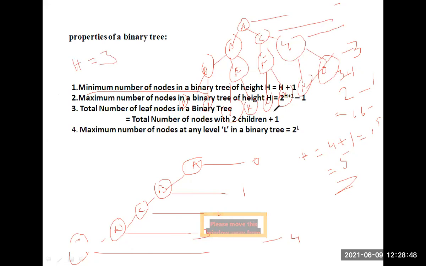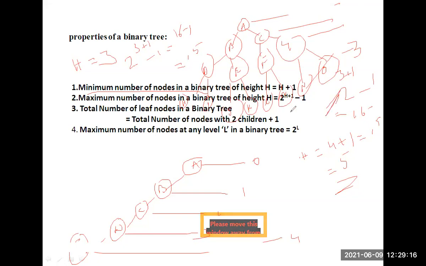Okay. What is the formula? 2 power h plus 1 minus 1. 2 power 3 plus 1 minus 1 equals 16 minus 1, that is equal to 15. So in this tree, how many nodes are there? Including the root node: 1, 2, 3, 4, 5, 6, 7, 8, 9, 10, 11, 12, 13, 14, 15.